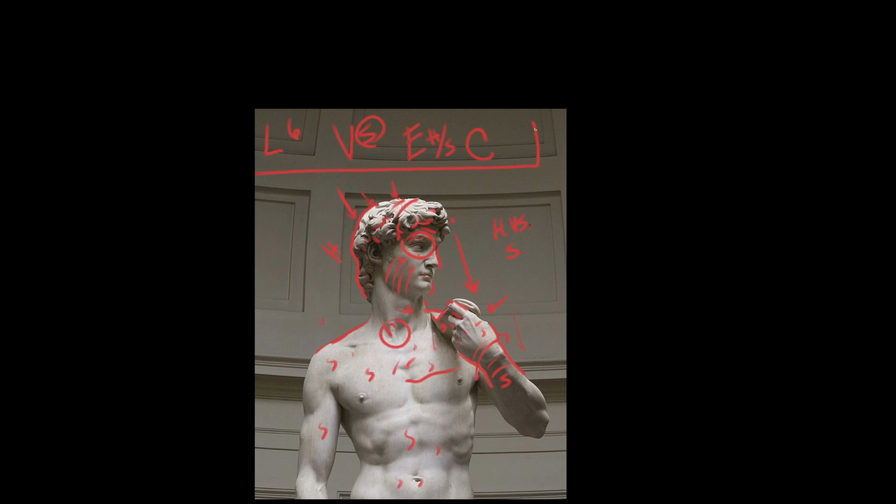And we're going to spend a great deal of time on this in the basic section, but also later on with the figure and more advanced techniques. You will grow as you begin to understand these relationships of light, value, edges, and contrast.